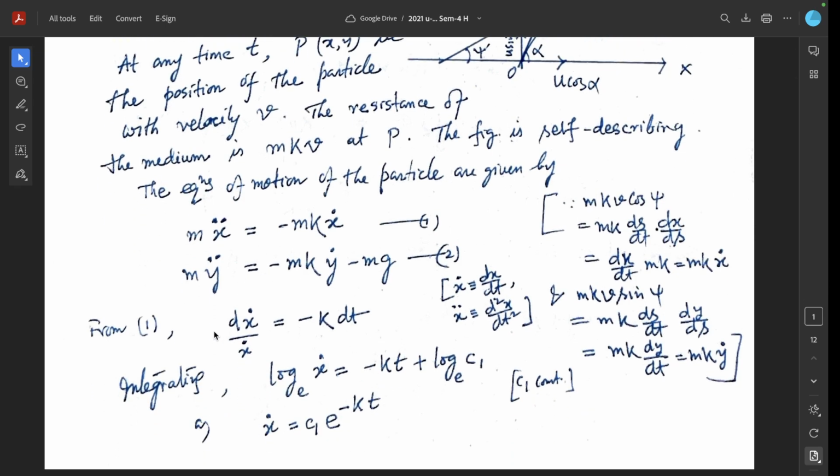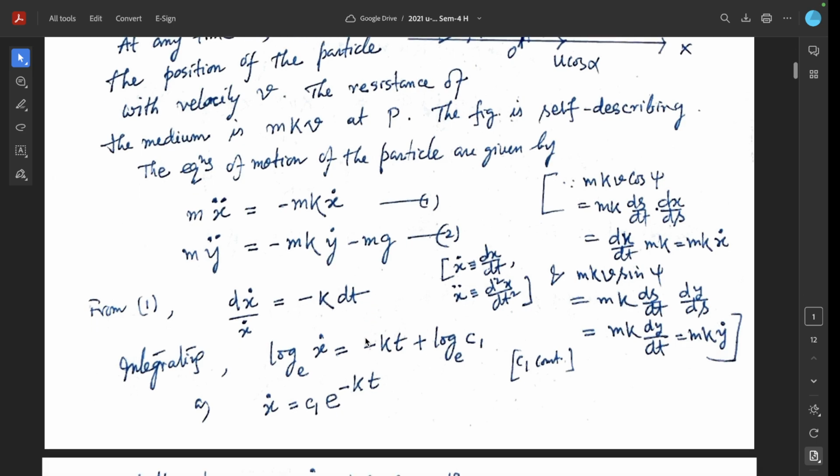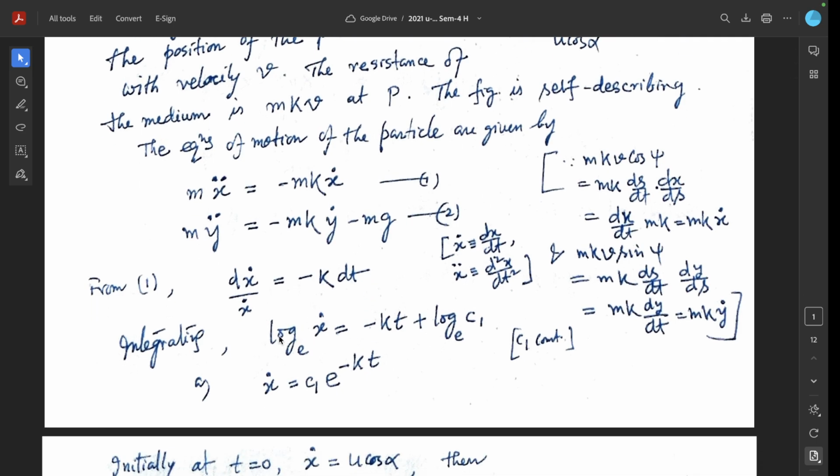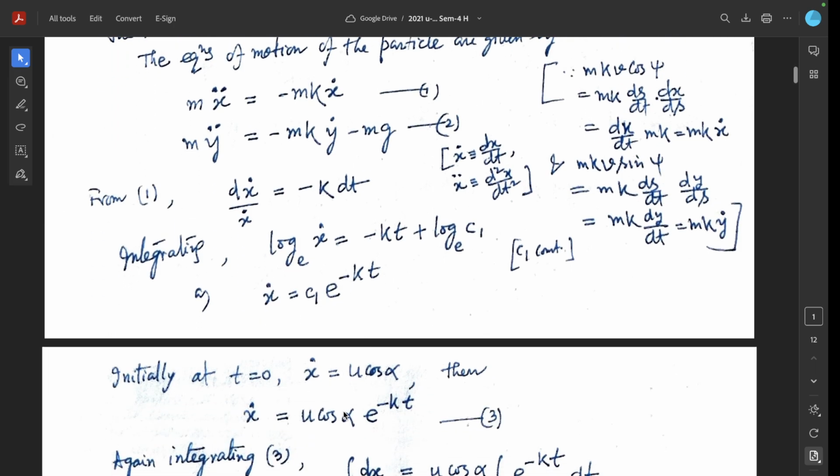From equation 1 we get d(x dot)/x dot equal to minus k dt, cancelling m from both sides. Integrating, we get log x dot equal to minus kt plus log c1, where log c1 is the integrating constant, to the base e. So x dot equal to c1 e to the power minus kt.